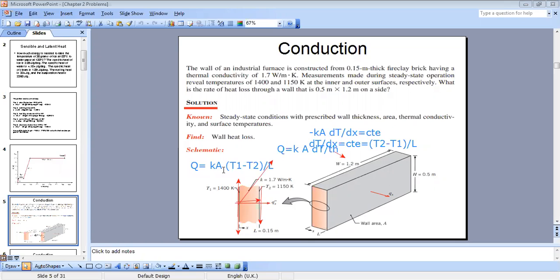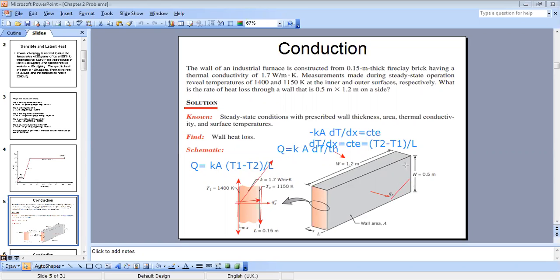What will be the cross-sectional area for heat transfer? Heat transfer is going through which area? What is A here? Who will tell me? W times H. Very good, because you will take the area that is perpendicular to the heat flux. If you look at the 3D figure here, the heat flux is crossing over this area.